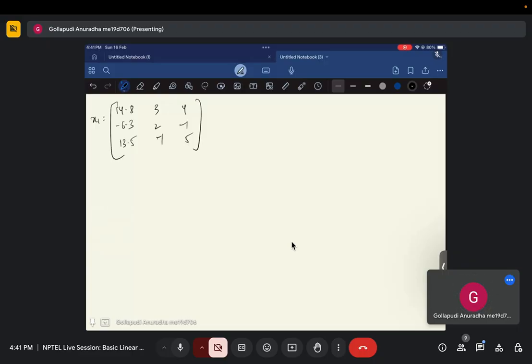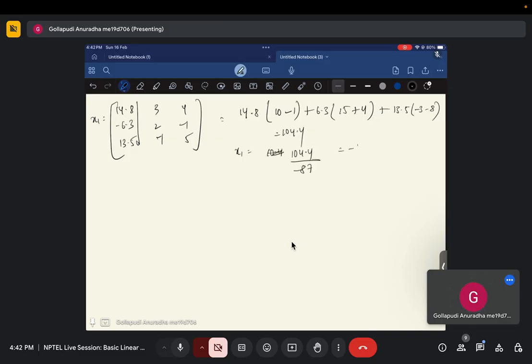It is easy for you if you expand by this row, like 14.8 into 10 minus 1 plus 6.3 into, if you go with this first column, then it will be easy for you. And x1 is 104.4 by minus 87, that is going to be minus 1.2.